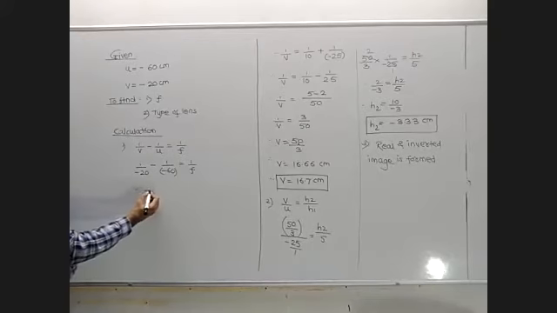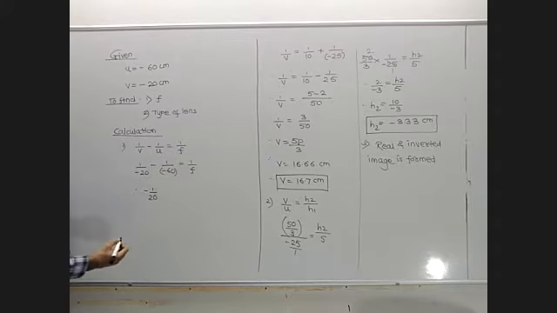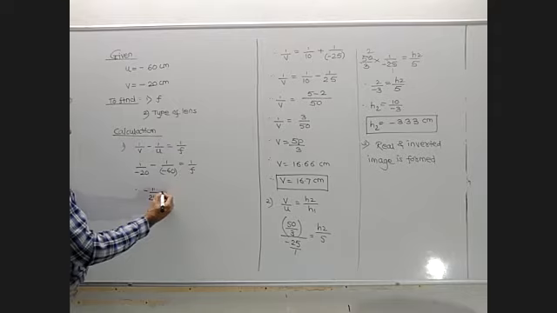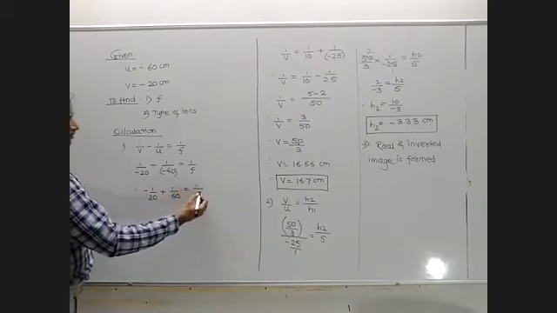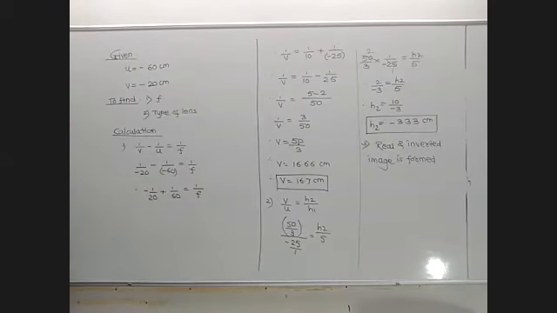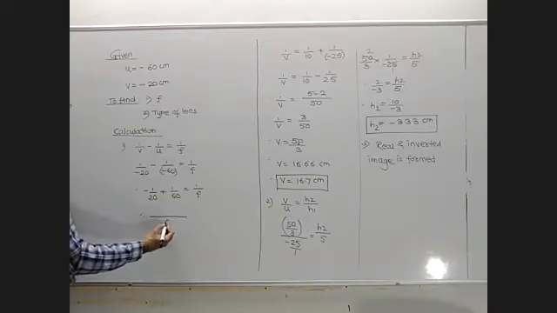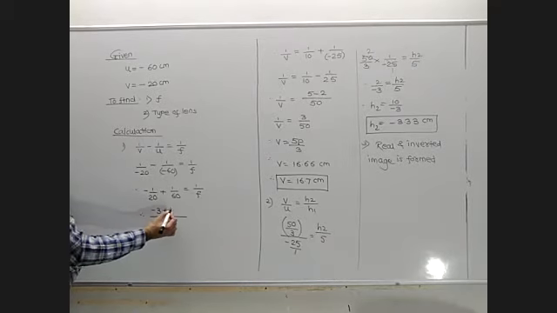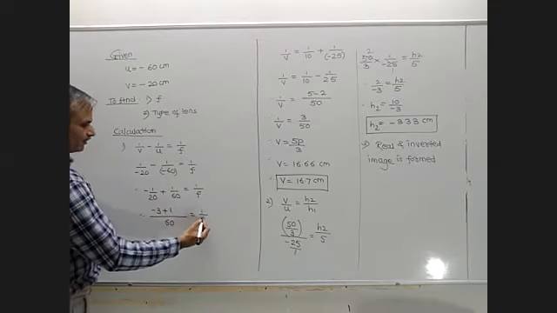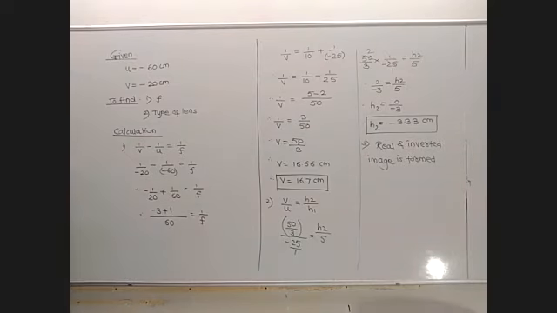Therefore, minus 1 upon 20 plus 1 upon 60 is equal to 1 upon f. Now you know the LCM of 60 and 20 is 60. 20 times 3 is 60, so it is minus 3 plus 1 upon 60, equal to 1 upon f.